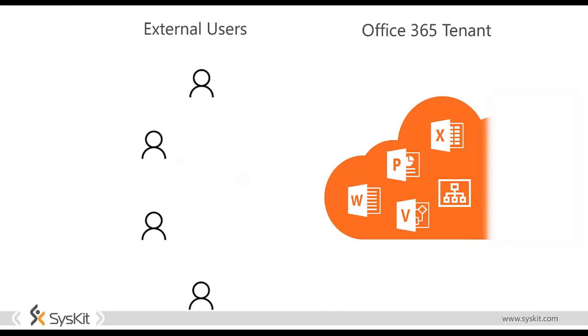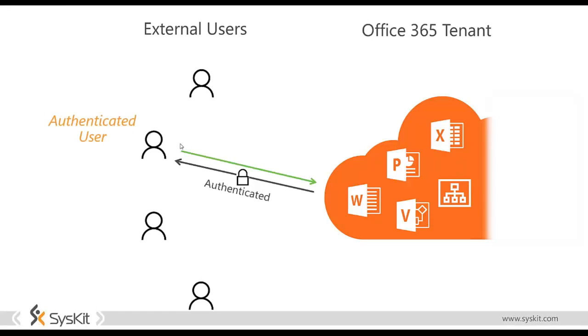There are two ways external sharing can work. The first one is that somebody from your tenant sends an authenticated link to an external user, and this user is called an authenticated user. He needs to log in using either a Microsoft account or a PIN sent to his email to view the document.